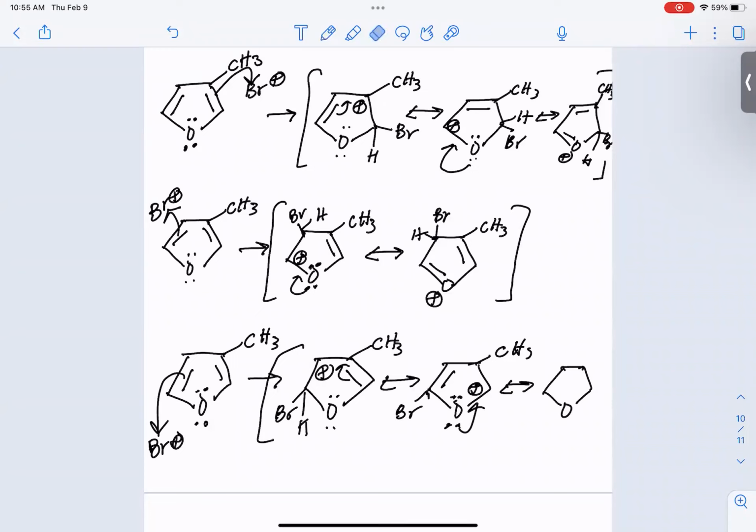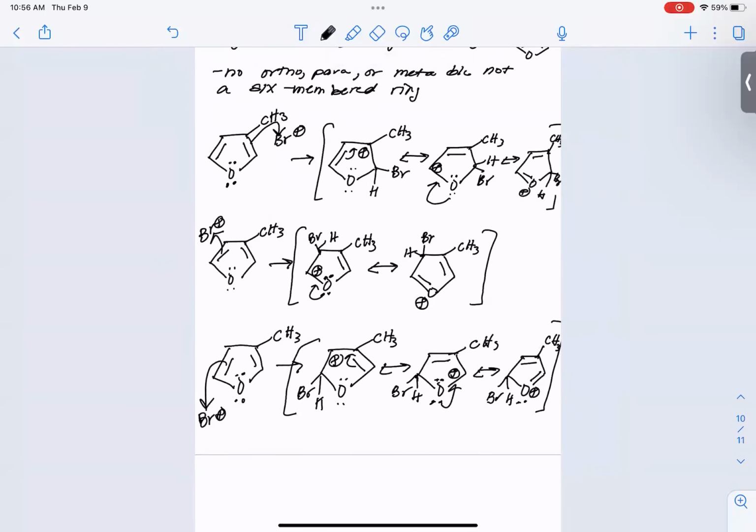I drew it in the wrong spot. One second. All right, so there are my three resonance structures.